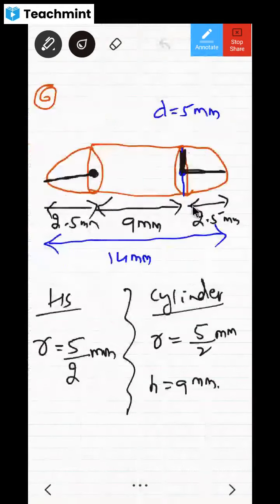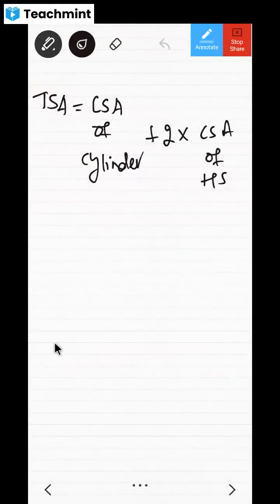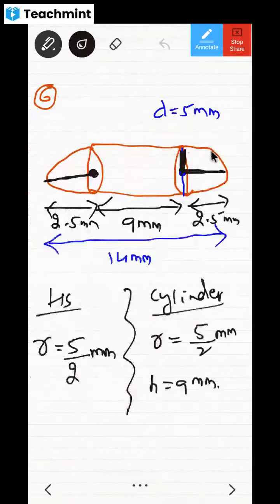So I take one curved surface area, then multiply it by 2, and that becomes the total. Understood?